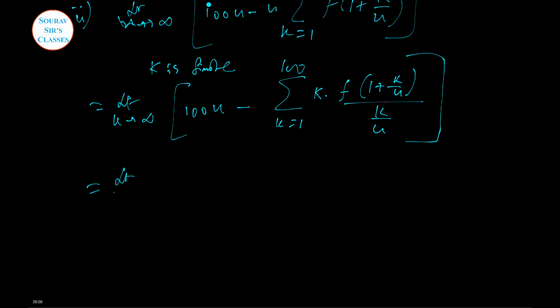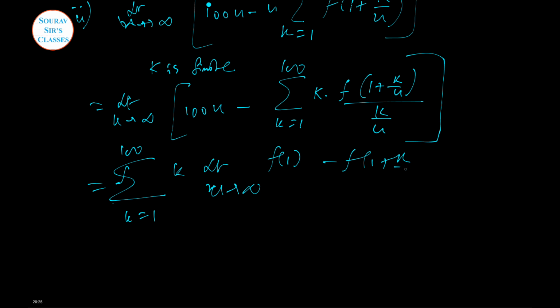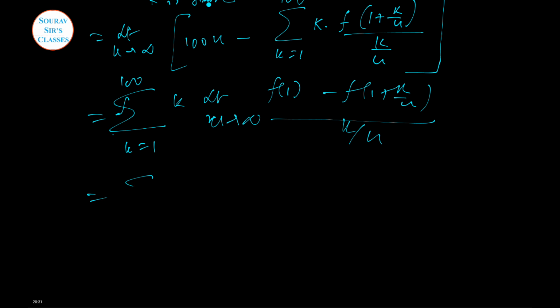Now in the next step, we can take the limit outside, and the summation will be outside. It will be relatively easier. Sum over k equal to 1 to 100 of k, limit u tends to infinity of f of 1 plus k by u over k by u.